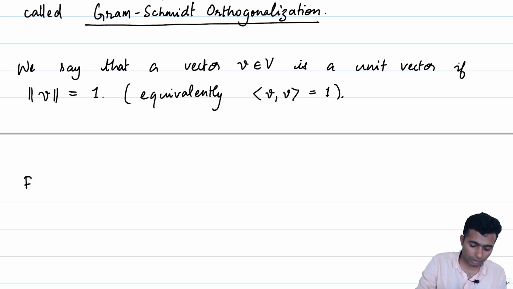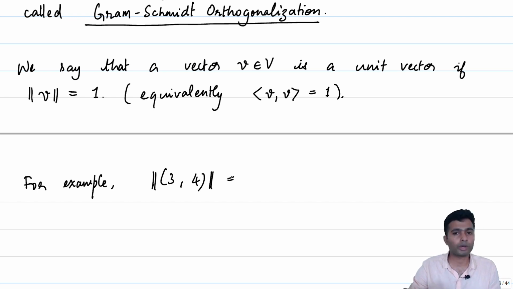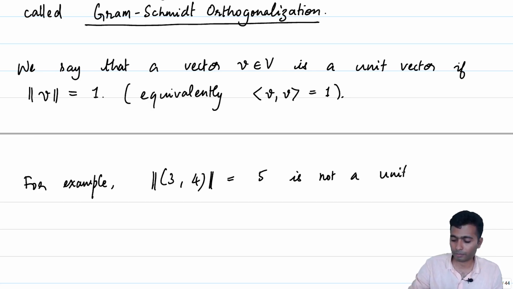So for example, in the standard inner product, (3, 4) will have length equal to the square root of 3 squared plus 4 squared, which is 5. This is not a unit vector.